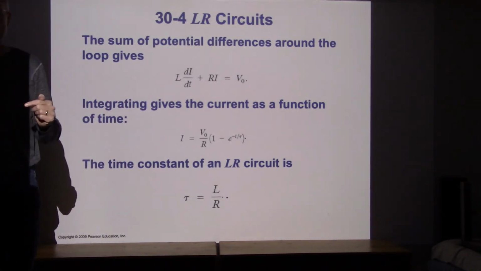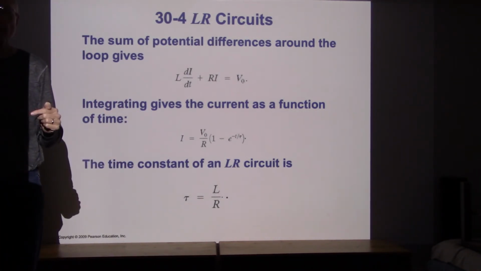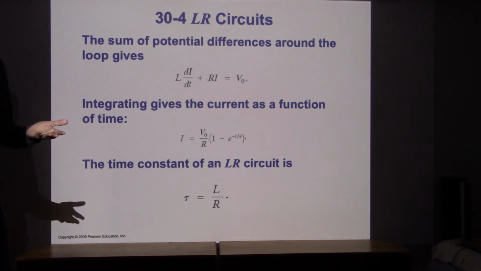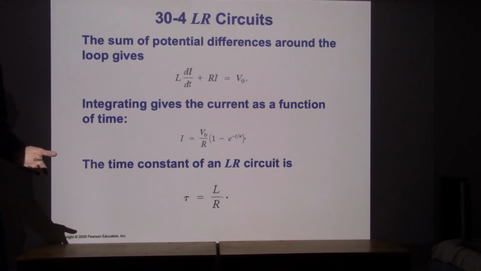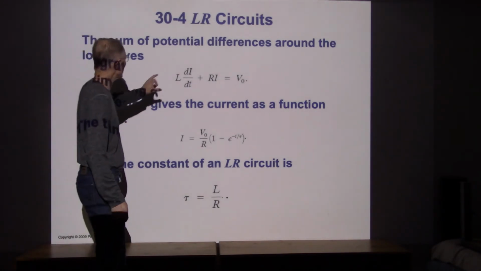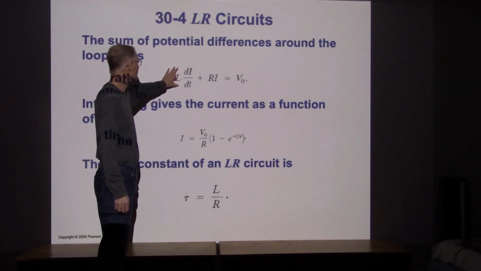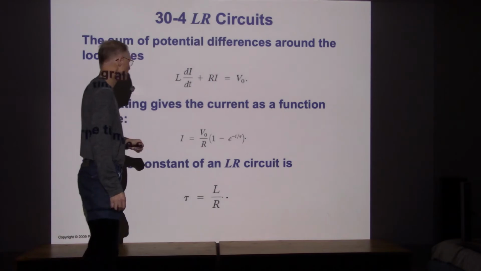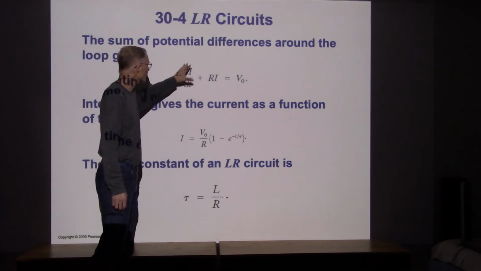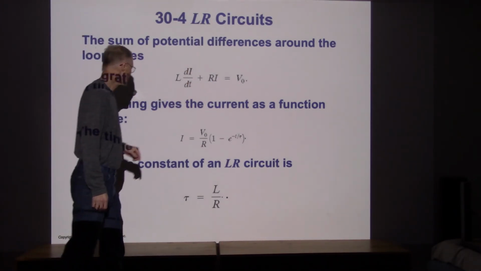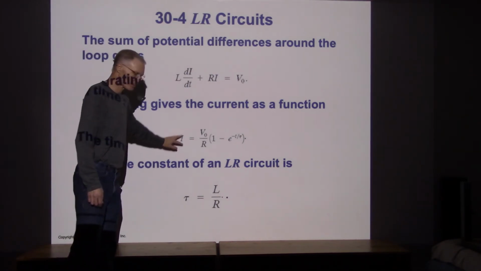This back EMF set up with the inductor, we said, was the equivalent of a voltage drop. And our formula for the voltage drop on an inductor is L di/dt. If I solve this equation, I end up with this as a solution.